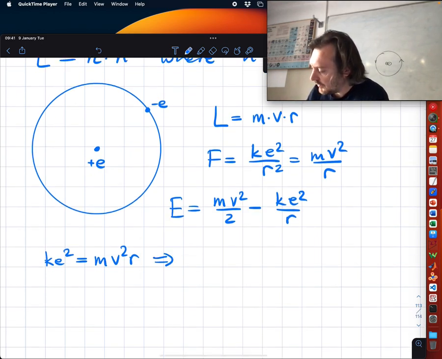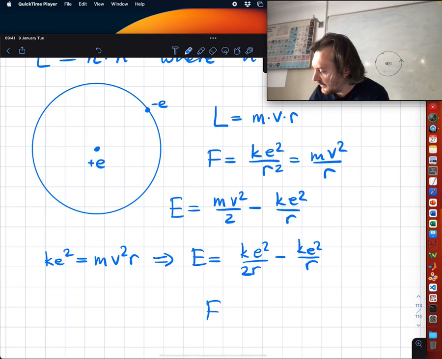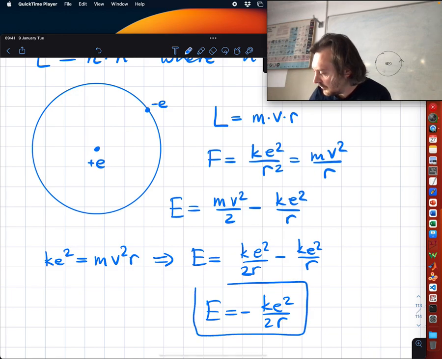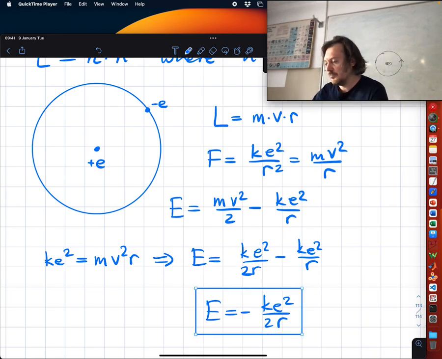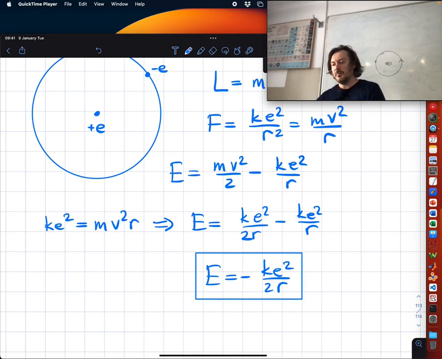Anyway, so energy is what? m v squared over 2, which is k e squared over r, minus k e squared over r. So energy is minus k e squared over 2r. So far so good? Do you have any problem here?